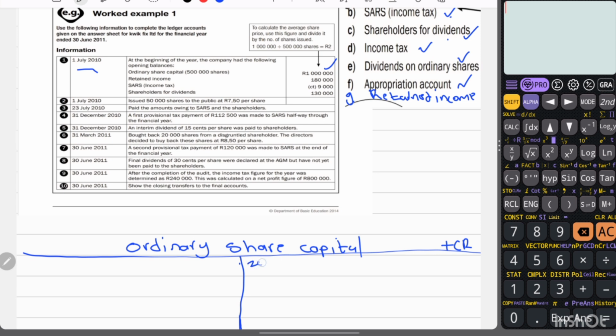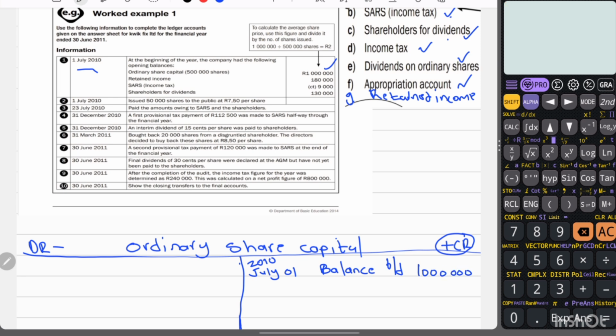So here it's going to be 2010 July 01. Remember, this one is an equity account. It increases on the credit side, it decreases on the debit side. Remember, in accounting, you always start with your balances. Then here we have our balance brought down, and our balance brought down is 1 million.